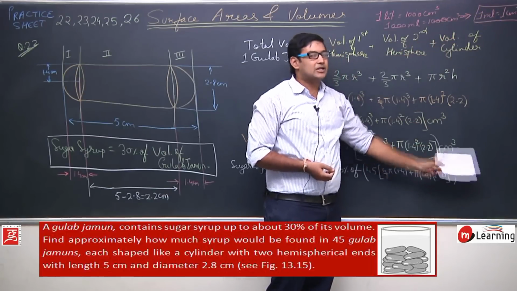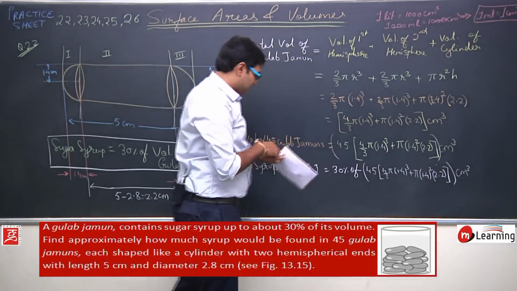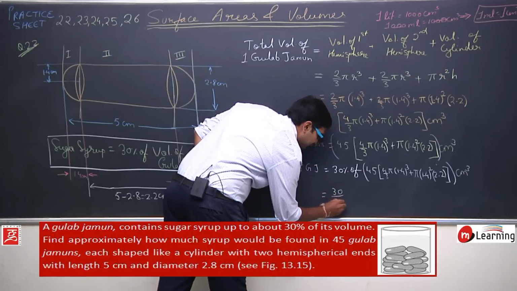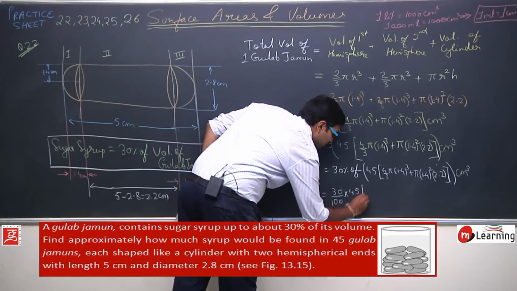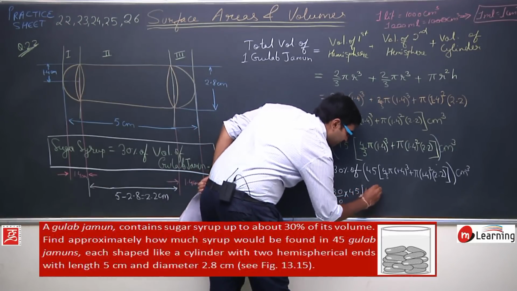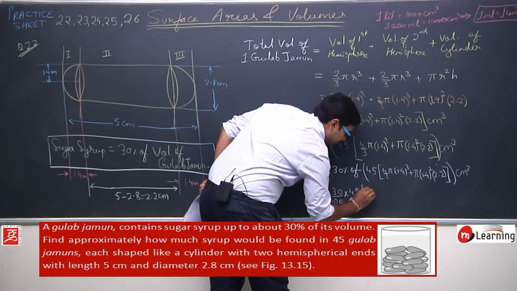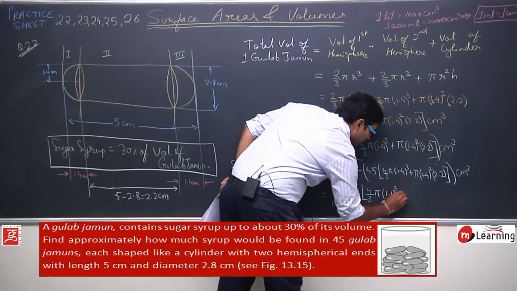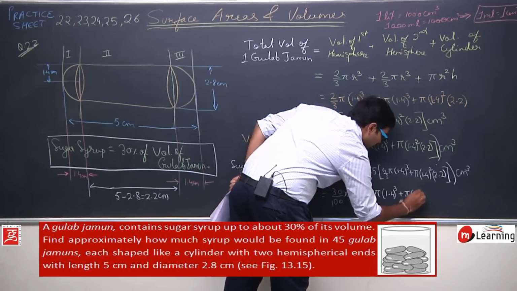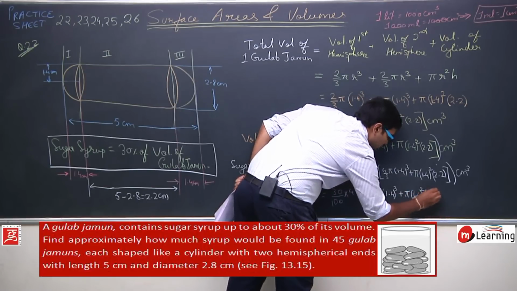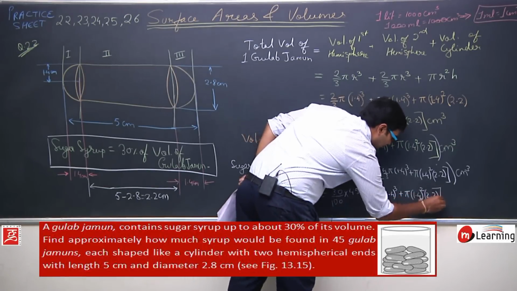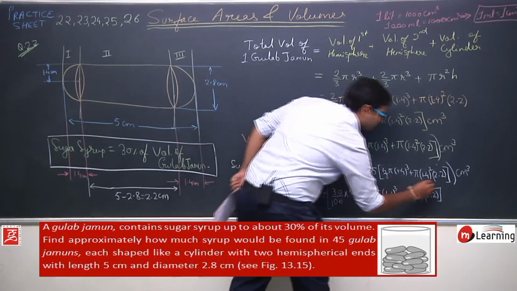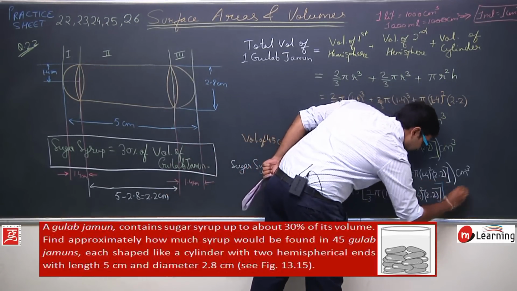So my final volume of this sugar syrup will be 30 upon 100 into 45 times the bracket 4 by 3 pi into 1.4 cube plus pi into 1.4 square into 2.2, and this complete volume in milliliters.